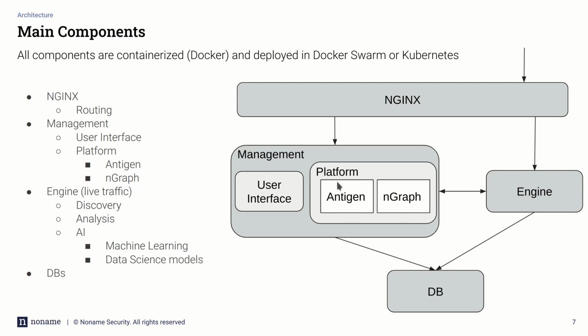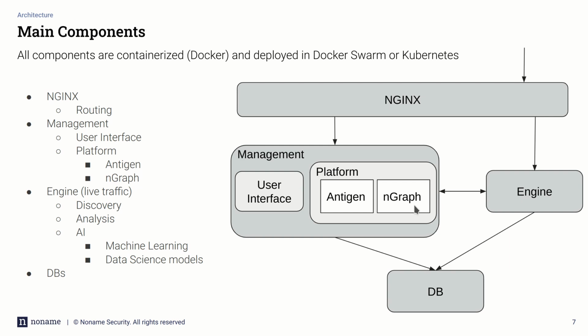Platform is pretty large. It contains the antigen, it contains the ngraph. Antigen is responsible for identifying posture findings.